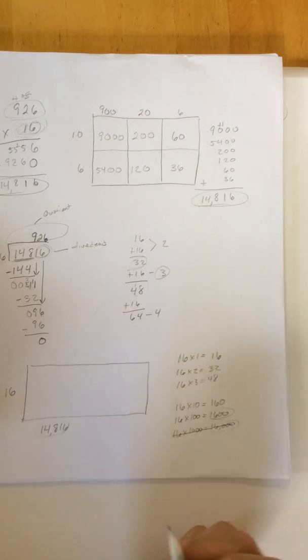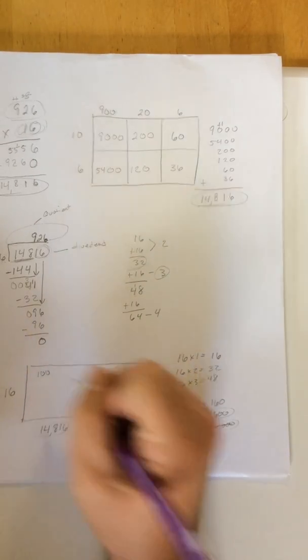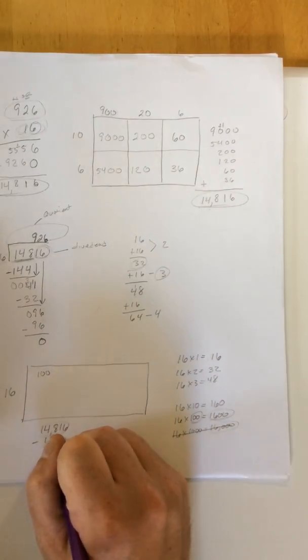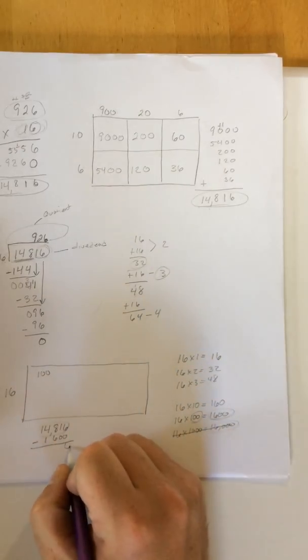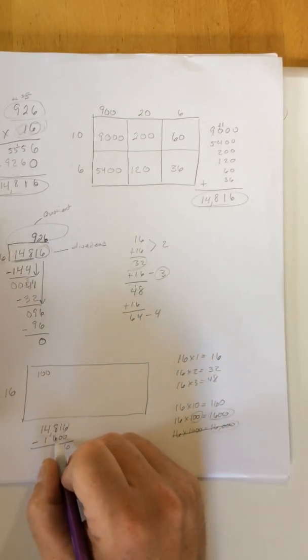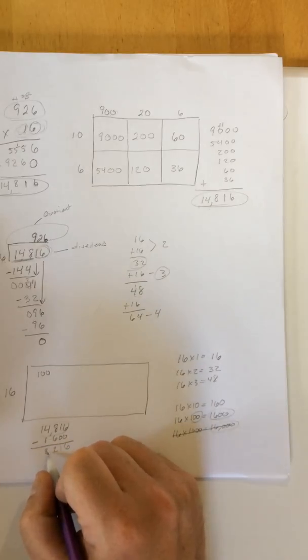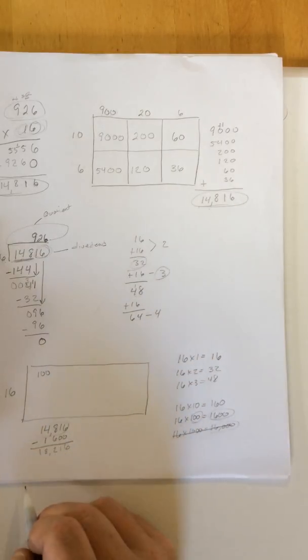So what I'm going to do is put 100 in my box, and then I'm going to subtract 1,600. So 6 minus 0 is 6, 1 minus 0 is 1, 8 minus 6 is 2, 4 minus 1 is 3, and 1 minus nothing is 1. So already we brought our number down by 1,600.